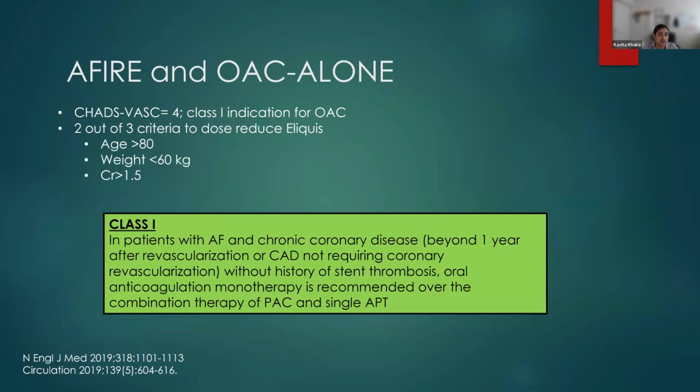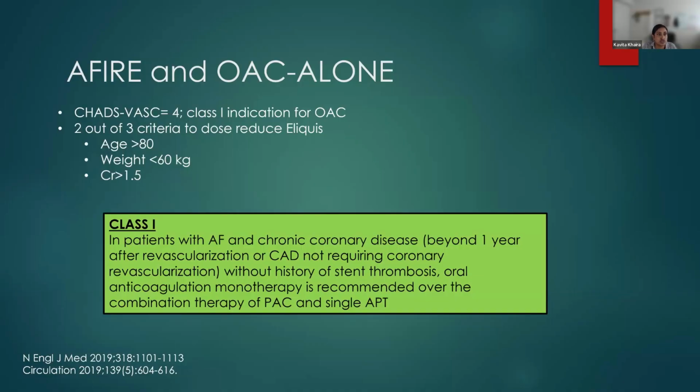But this trial also showed that there is increased bleeding with the combination of oral anticoagulation as well as antiplatelet therapy with aspirin. So it's a class 1 indication that in patients with AFib and chronic coronary artery disease, so beyond 1 year after revascularization, and this patient's CABG was a few years ago, without history of stent thrombosis, you would just use anticoagulation as monotherapy and stop their aspirin.